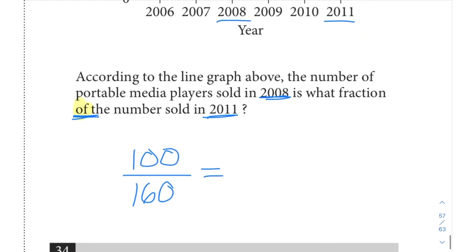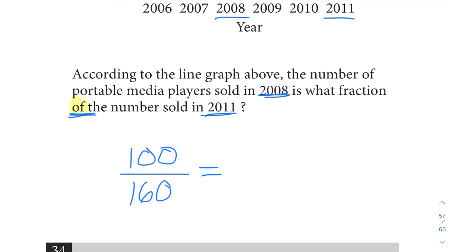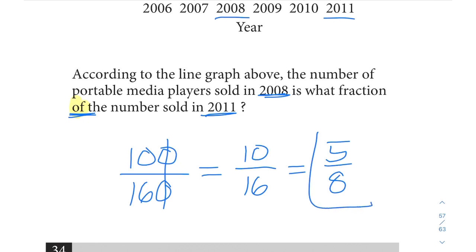So just make sure with fractions on gridding questions, you do need to reduce, oftentimes just to be able to fit it in the space provided. So here we could eliminate a 0 or divide both of them by 10. This would be 10 over 16. And we can still reduce that a little bit further. Those are both divisible by 2. So the fully reduced version of this fraction is 5 over 8.